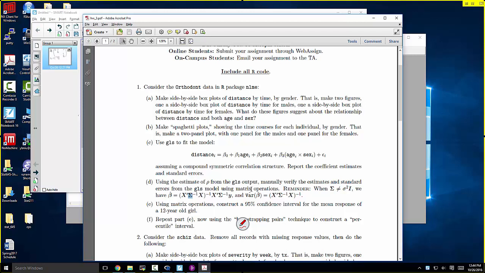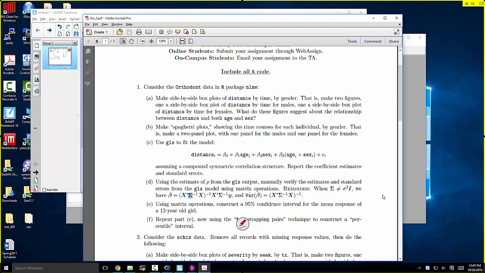That calculation is the variance of beta hat, because beta hat is a vector of coefficients. We have 4 coefficients in this model, beta 0, beta 1, 2, and 3. So the variance of that vector is a 4 by 4 covariance matrix. If you take the square root of the diagonal elements of that, those are the standard errors or standard deviations of the beta hats.